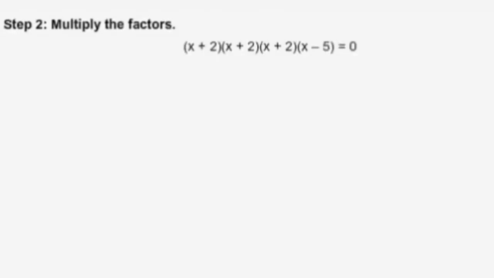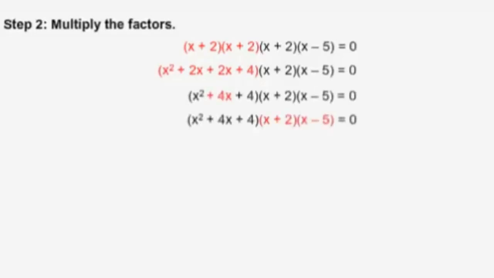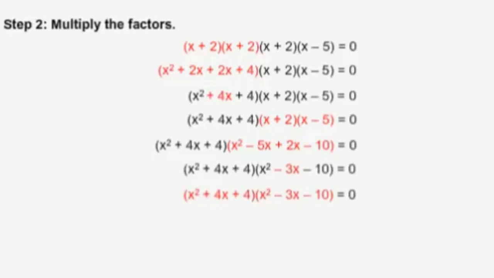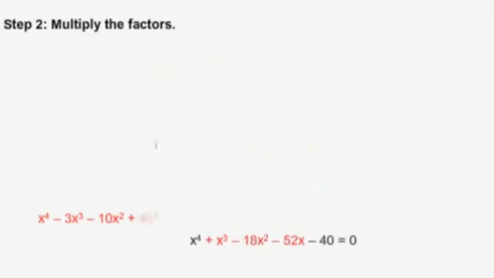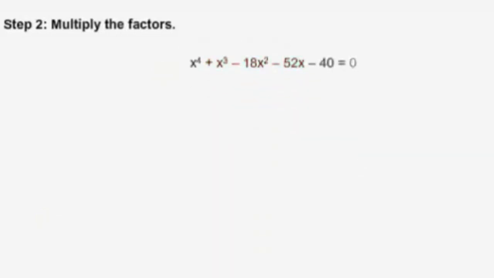The next step is to multiply all the factors together, which you can do in any order you want. Substitute the function notation for 0, and the result is the polynomial function with the zeros -2 of multiplicity 3 and 5.